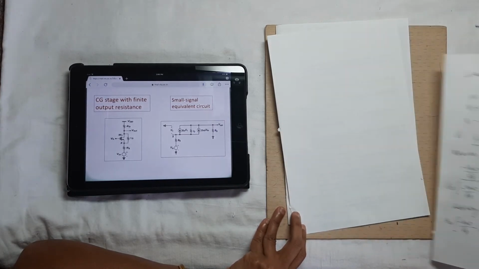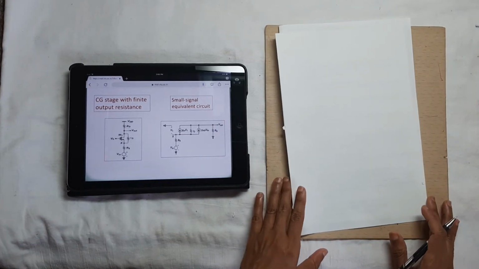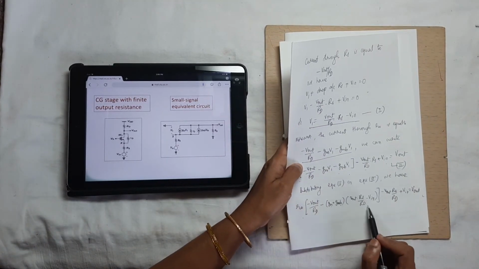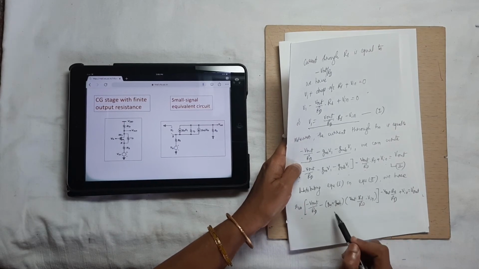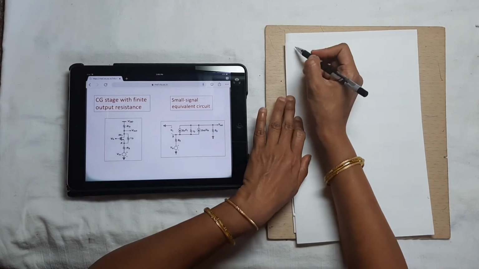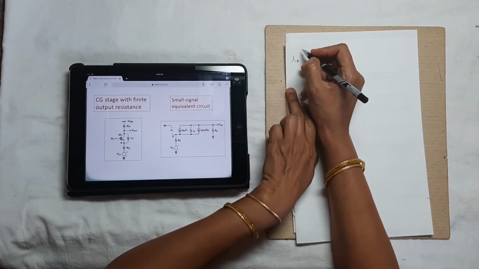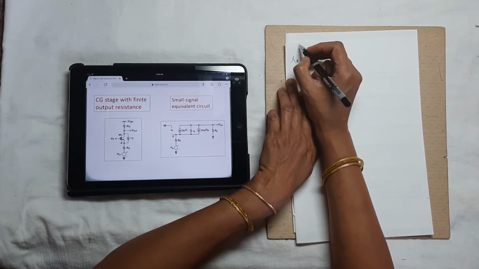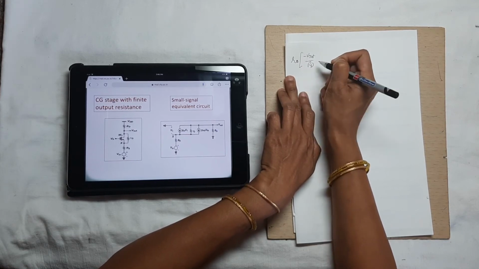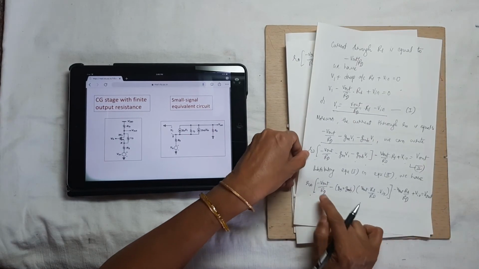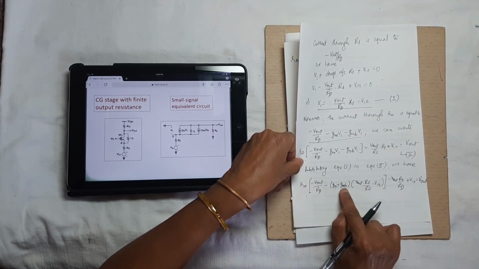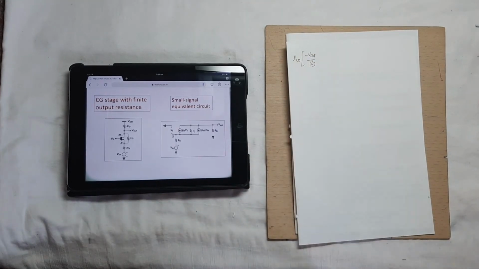Let us continue. Now from this expression, we have to expand it. What I will do is expand this expression first in the next step. RO into minus V out divided by RD; the first term is as it is. For the second term, multiply GM by this, GMB by this. We will just expand.